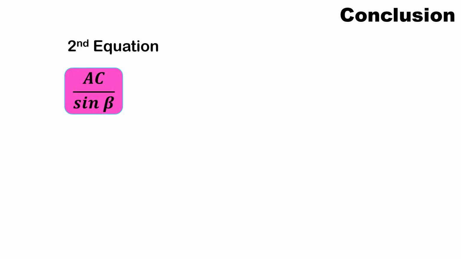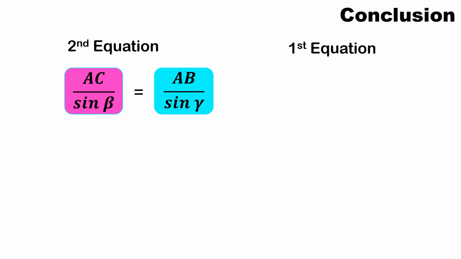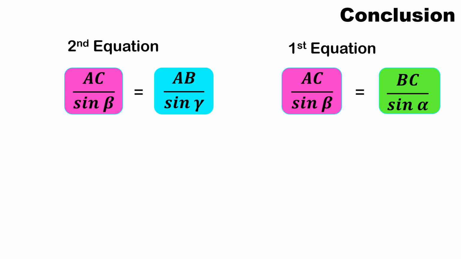Let's conclude. Review the first and second equation. The second equation states that AC over sine beta is equal to AB over sine gamma. The first equation states that AC over sine beta is equal to BC over sine alpha. Look at both equations.